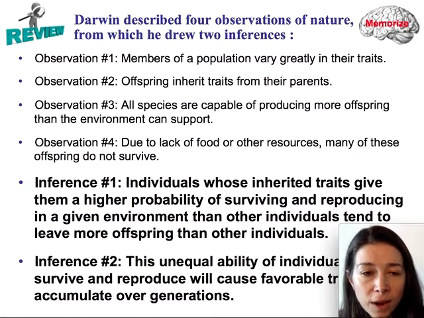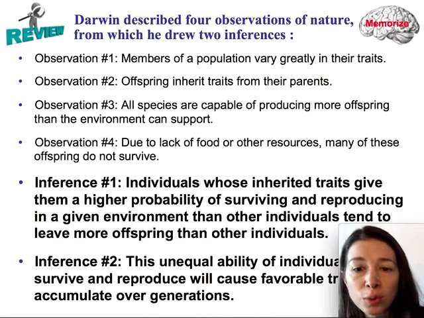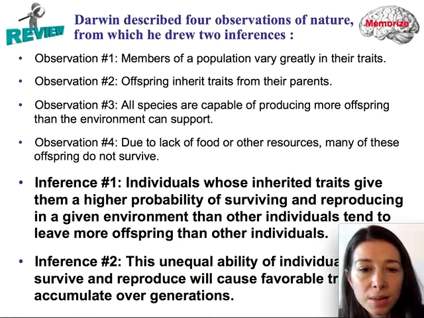So because of this environmental pressure, and because not all individuals can survive or reproduce effectively, there's going to be selection pressure, and the individuals who have traits in that variable soup of different traits that are beneficial are going to be able to reproduce more effectively and live longer to reproduce more effectively, and therefore those individual traits are going to be selected for and will over time become more prevalent in that population.